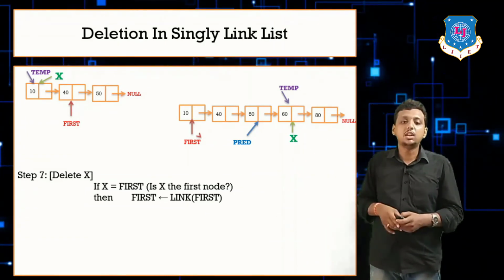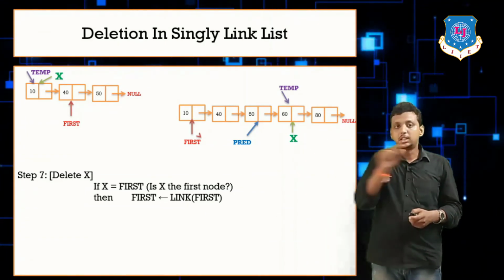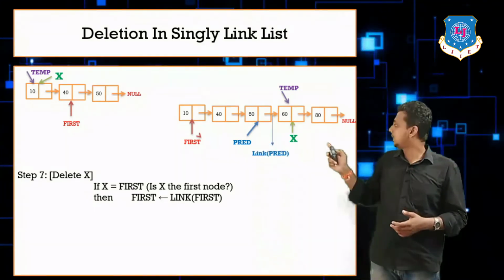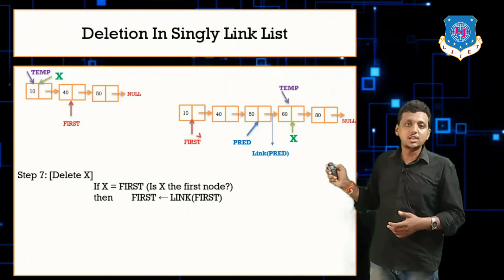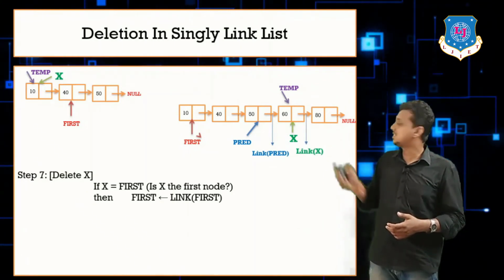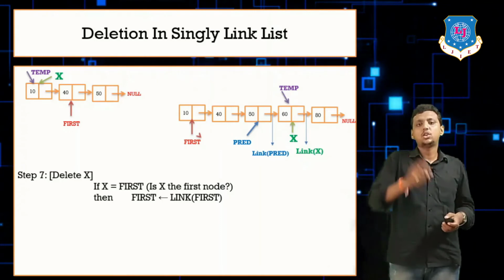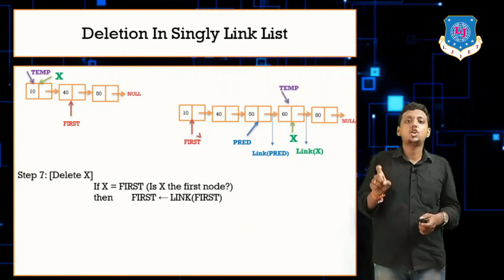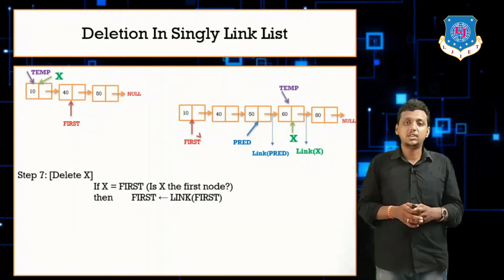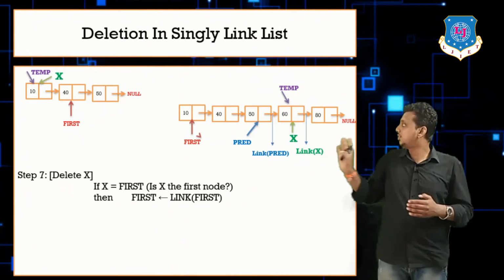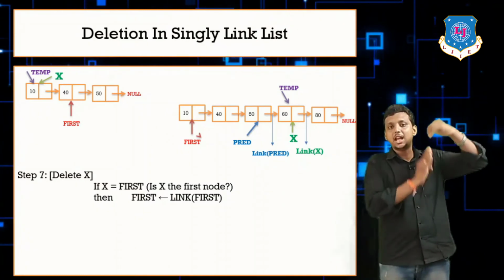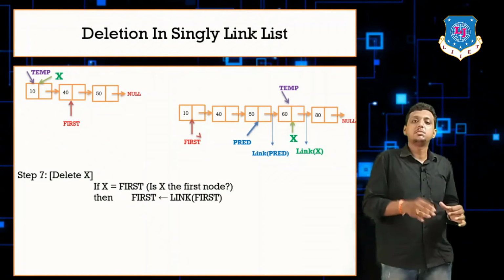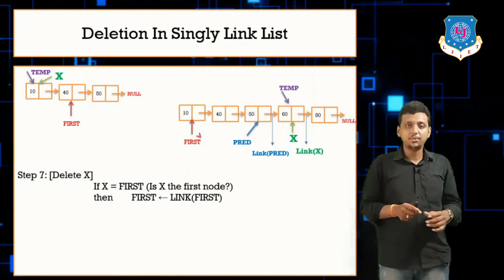The name of the 50 is pred, so the link of the 50 is known as link of pred. And the link of the 60 is known as link of x or link of temp. You can say either, because at the 60 we have both pointers, temp and x. So you can call 80 by two names, either link of temp or link of x.